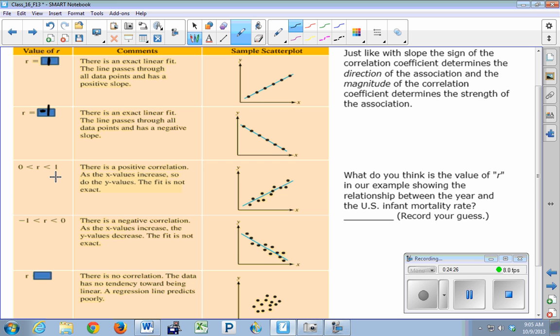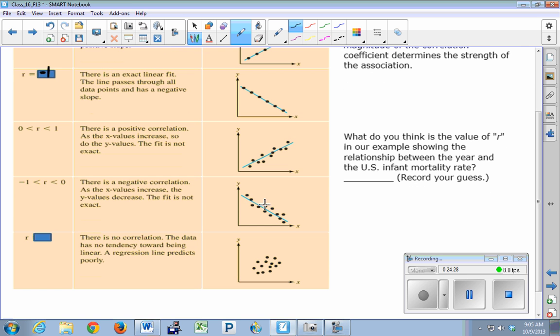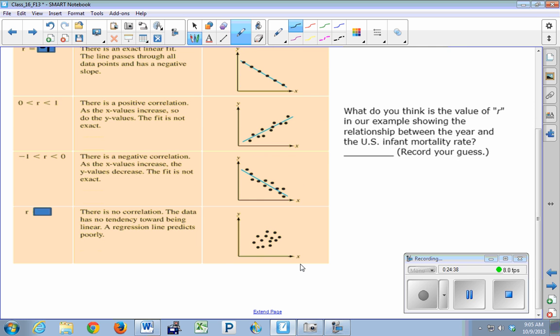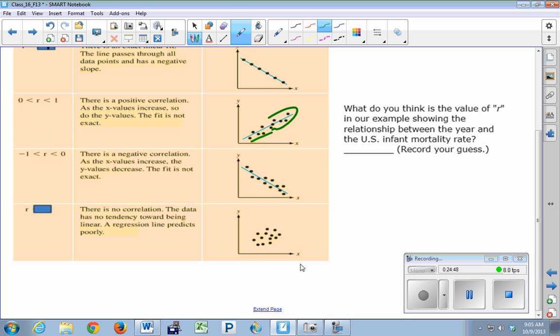Similarly, if we go in the other direction, there's a negative association or correlation: as the X values increase, the Y values decrease, and the fit is not exact like in the first two diagrams. Now this last picture, notice it's almost like you could put a circle around that data. Here, if I encapsulated this data, I'd have a cloud of points that formed a linear pattern.